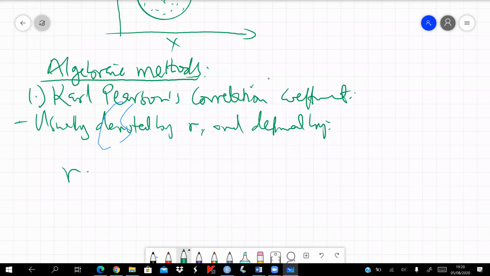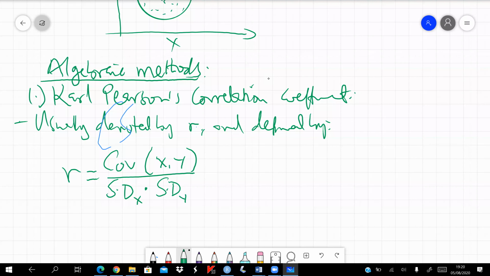We say that r is equal to COV(X, Y) divided by SD of X multiplied by, that dot here means multiplied by, SD of Y.